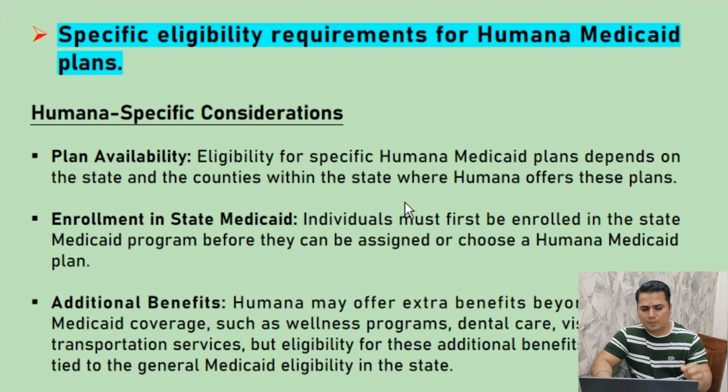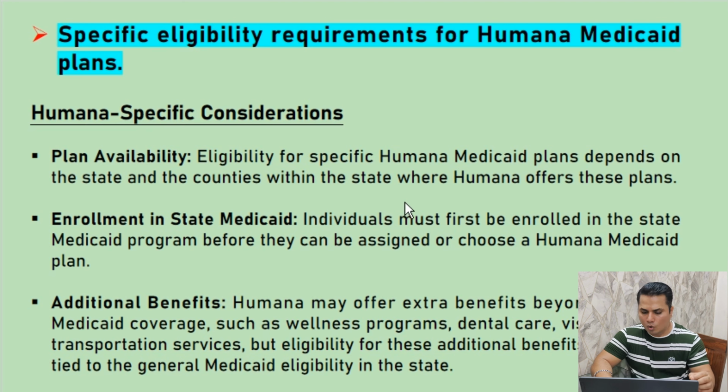Now, specific eligibility requirements for Humana Medicaid plans. Humana-specific considerations. Plan availability: eligibility for specific Humana Medicaid plans depends on the states and the counties within the states where Humana offers these plans. Enrollment in state Medicaid: an individual must first be enrolled in the state Medicaid program before they can be assigned or choose a Humana Medicaid plan.